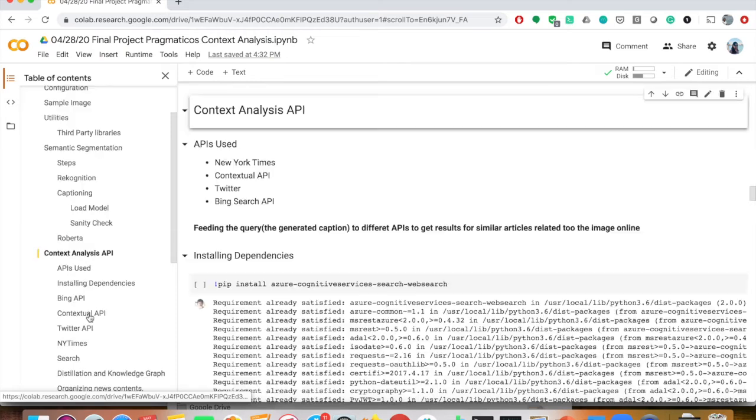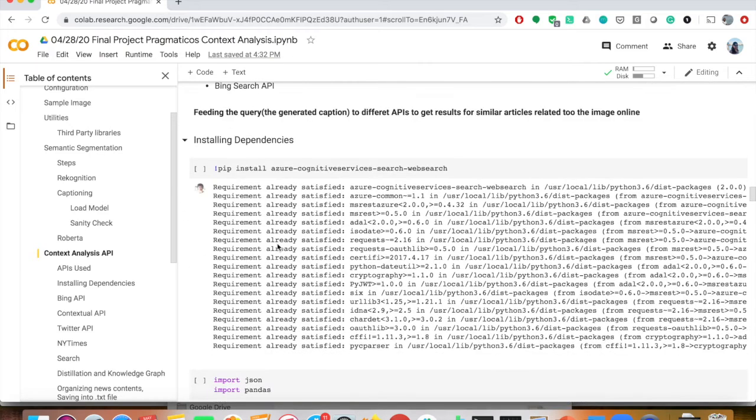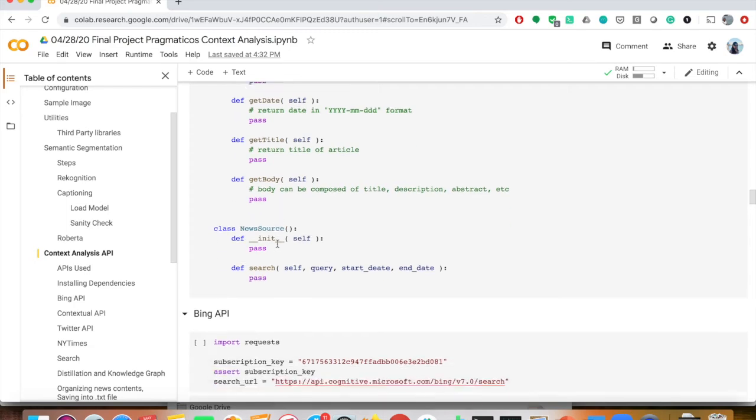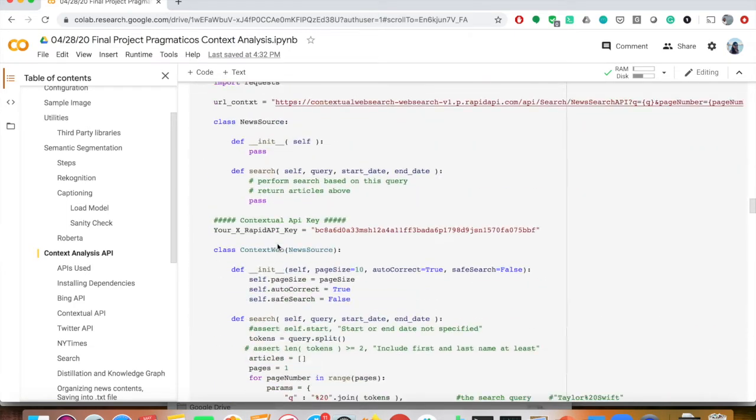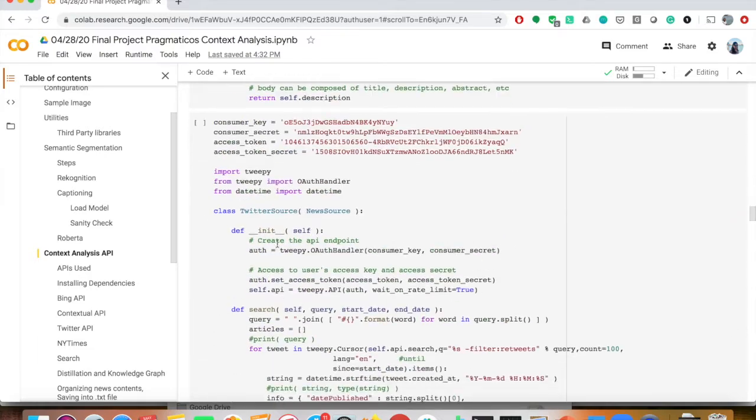After using RoBERTa, we fed our query to these third-party APIs to get similar articles related to the image. Here, our output includes the title, publish date, URL, and the description of the articles.